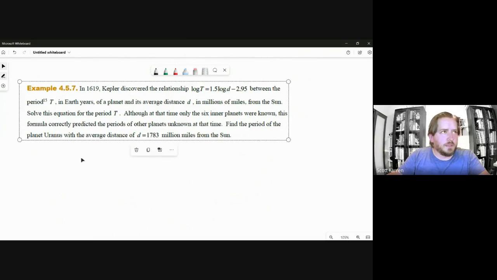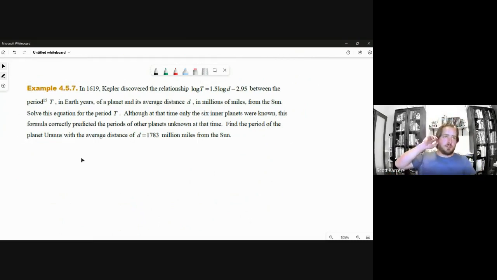In 1619, Kepler discovered the relationship of log of t equals 1.5 times the log of d minus 2.95 is the relationship between the period t in Earth years of a planet and its average distance d in millions of miles from the sun. So the first thing they ask us to do is to solve this equation for t.